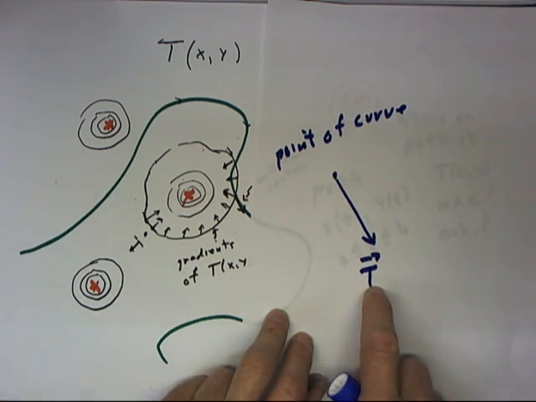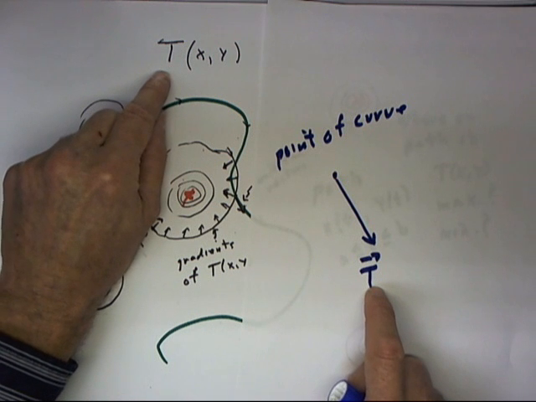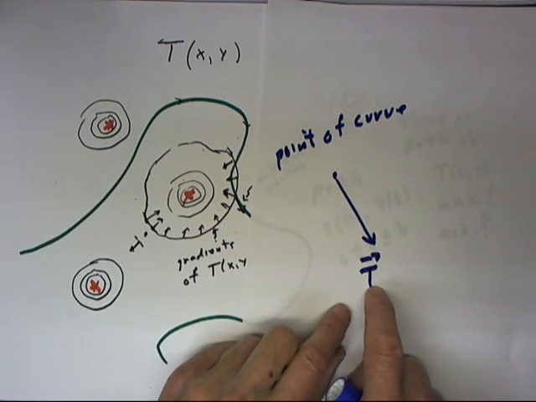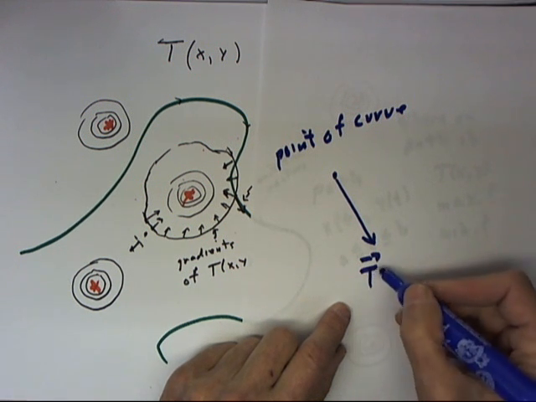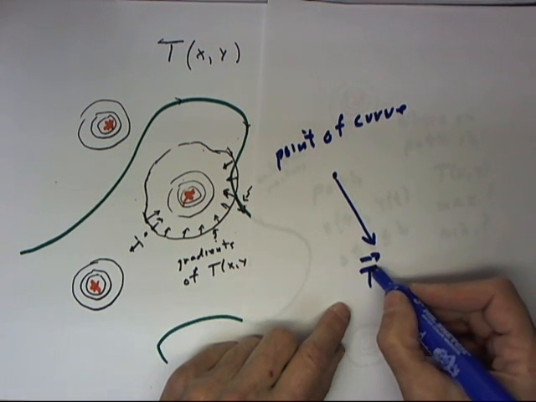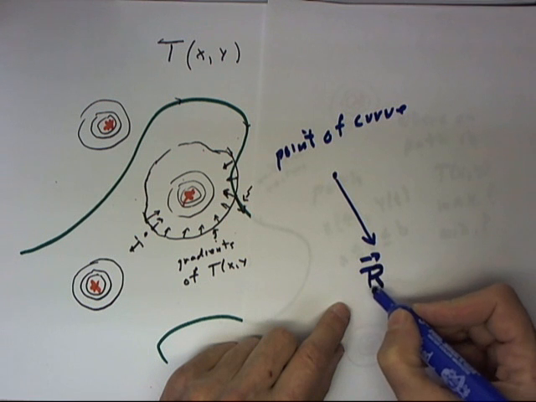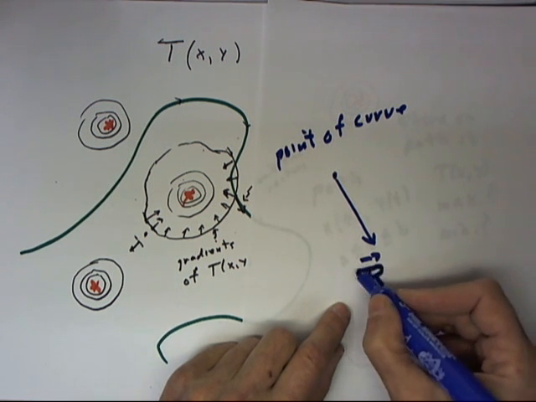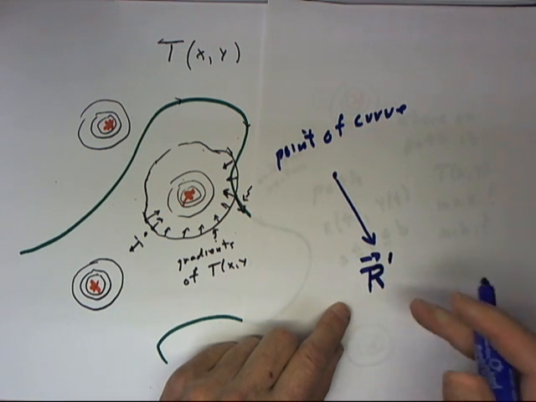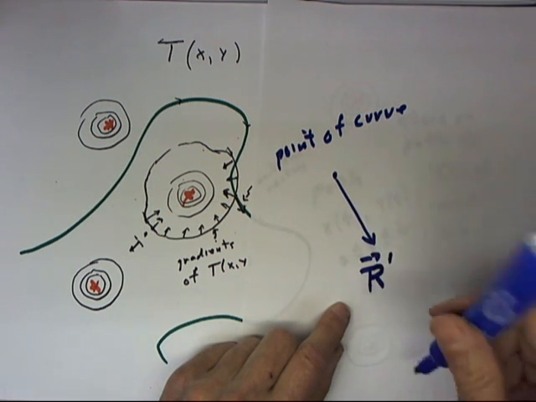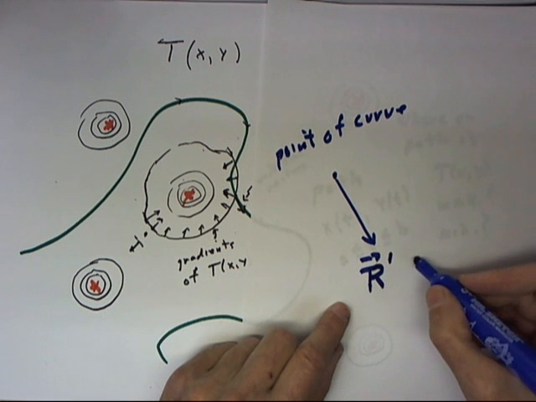If I use T for my unit tangent vector, it looks a whole lot like the T that I'm using for my function. So I'm going to change my notation down here. I'm just going to write over this and make a fancy R with a little tail. Okay, and I'm going to call this R prime. R prime is also tangent to the curve.